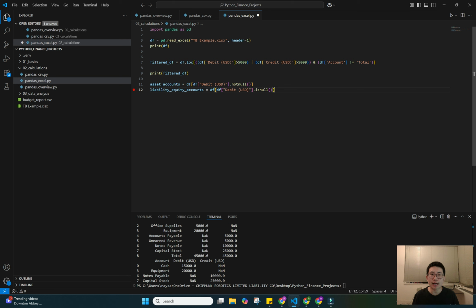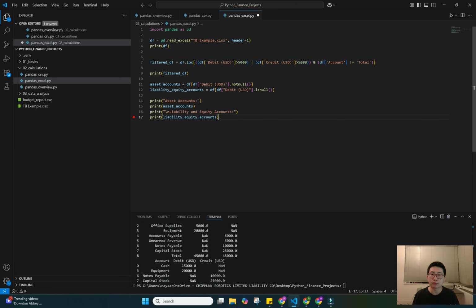So if the debit side is null, that means it has credit side balances. So that would be the liability and equity accounts. With this, all I need to do is print asset_accounts here, and then print liability and equity accounts here.